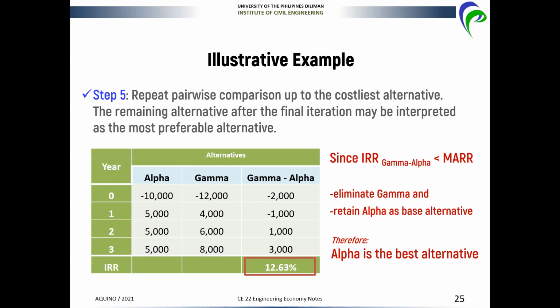Pero pag kinalculate natin yung rate of return nito, yung IRR ng gamma minus alpha, it is just 12.63%, which tells us na less than MARR natin yan. And so, kailangan nating eliminate si gamma and retain alpha as the base alternative. And because alpha na lang natitira, na-eliminate na natin iba, then that tells us that alpha is the best alternative.